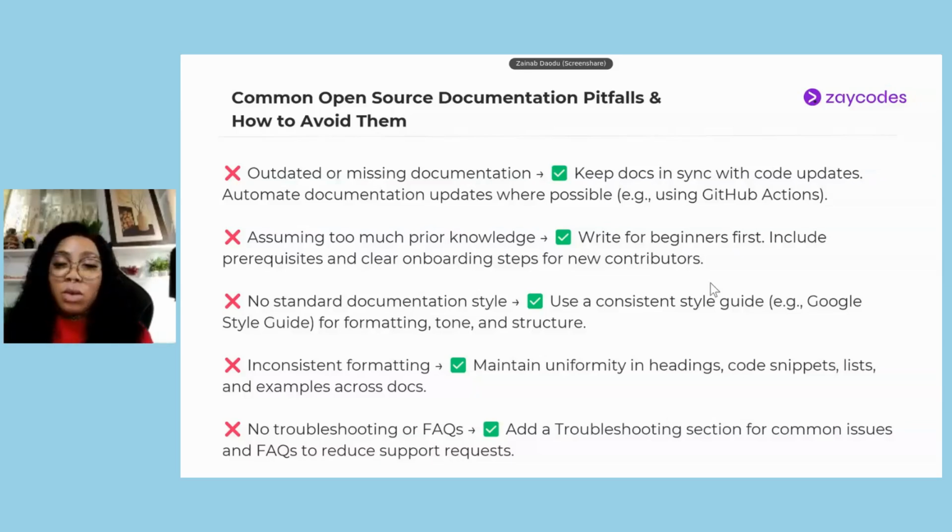Those maintainers are also going to be responsible for monitoring contributions from community members and all that. I've contributed to open source projects where documentation is just handled on the side by maintainers that are maintaining different features. A lot of times it's an afterthought, or when someone says, oh, this feature is here, but you don't have the documentation for it, that's when they say, oh, you can document it.